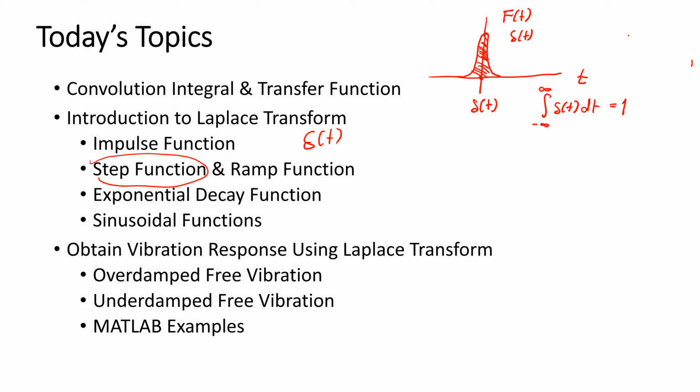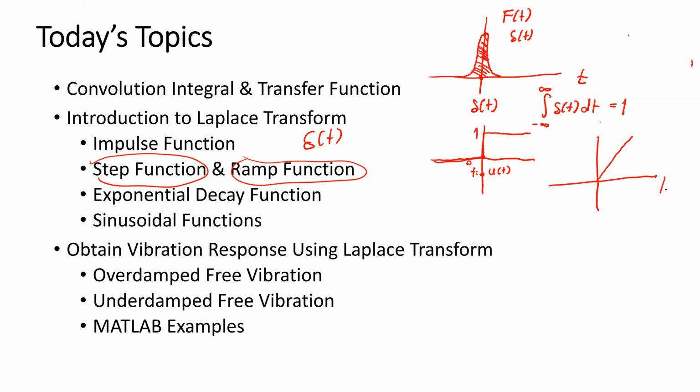The step function is the function that changes its value at a point of time, when t equals 0. It changes the value from 0 to 1. The ramp function is the function that increases its value as time increases.